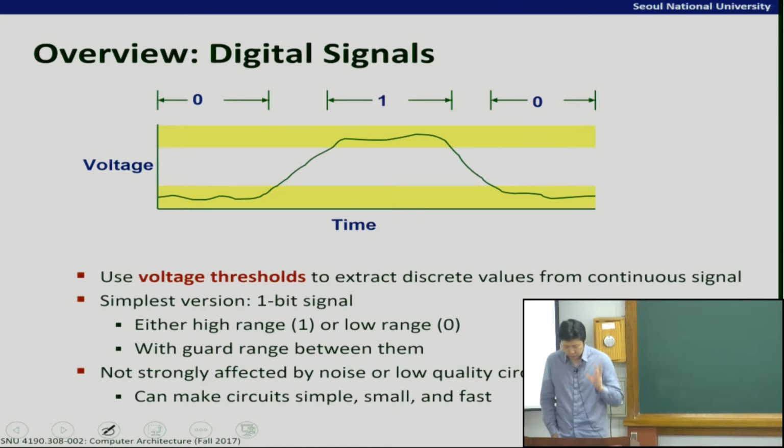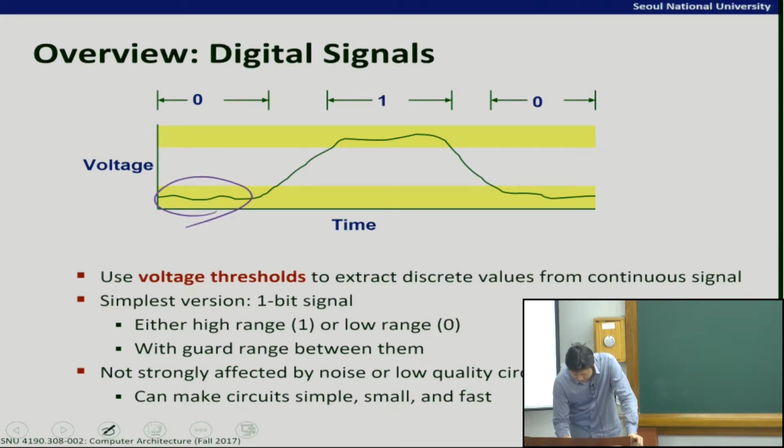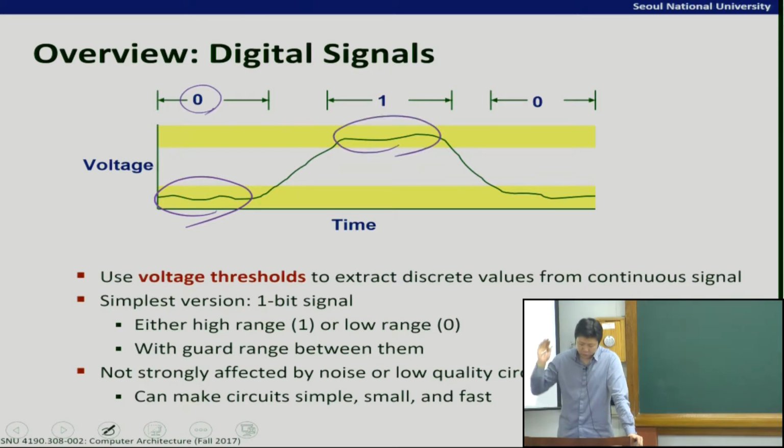Physically, we use a voltage level: a high voltage is 1, a low voltage is 0. We use a voltage threshold to extract a discrete value from a continuous signal. If your voltage level is somewhere in the lower yellow region, it is interpreted as 0, and if it is in the upper yellow region, it will be interpreted as 1, and the region in between is basically the forbidden region.